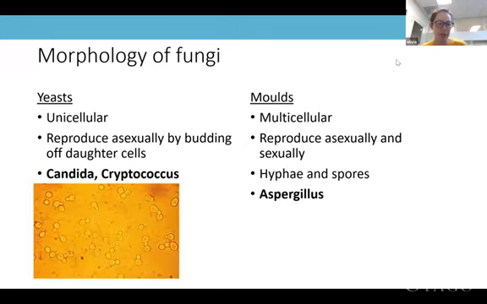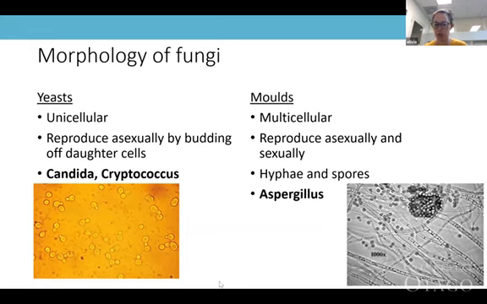And picture-wise, when you're looking at them under a gram stain or something like that, this is a yeast. Most of the time they're just a unicellular organism, and then sometimes you can see these little buds off the edges of them, which is the reproducing and budding off.